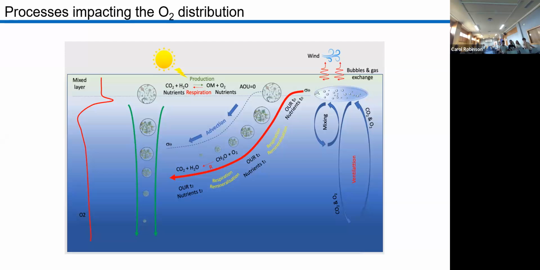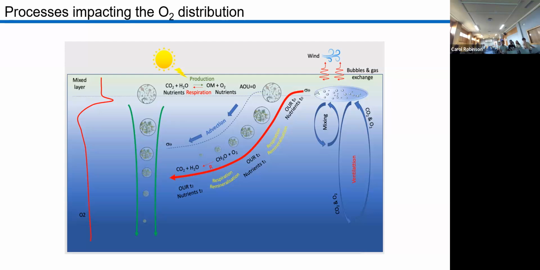And then under the mixed layer, you have respiration and remineralization affecting the oxygen content, using the organic matter through particles or dissolved organic matter, and you can follow that on isopycnal surfaces. And also, during the sedimentation of particles from the surface to the bottom of the ocean, you have degradation of organic matter, and that is using up oxygen for remineralization and respiration.